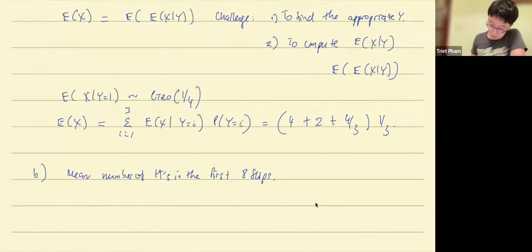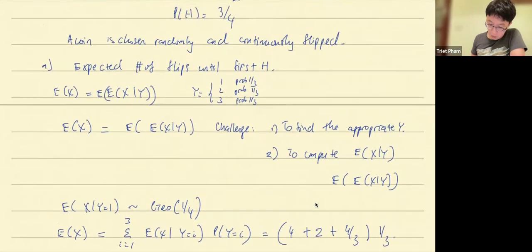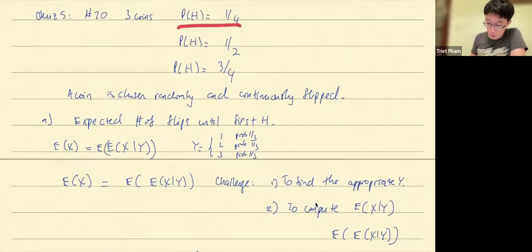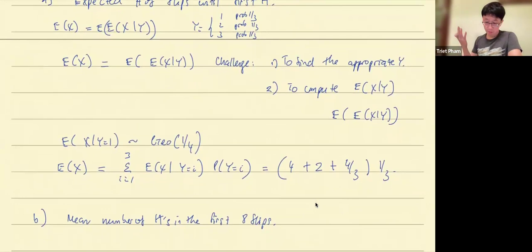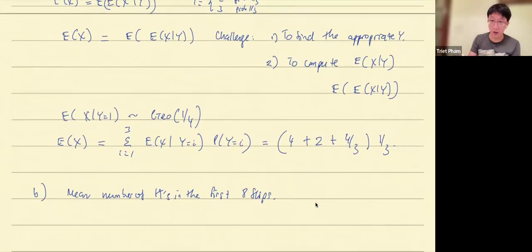Once again, here the obvious random variable to condition on is which coin. Because if we know which coin, then we will know what the probability of head is.